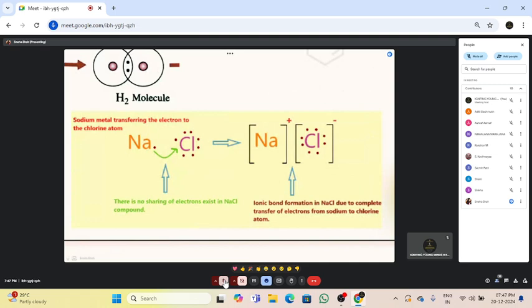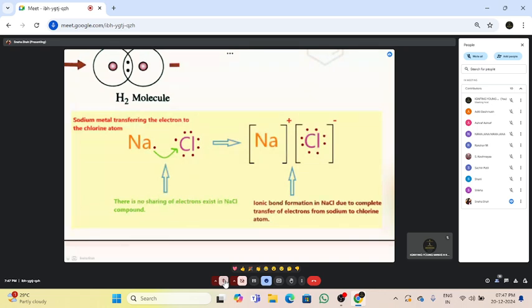So it is easier for sodium to lose one electron than to gain 7 electrons, because losing one electron requires much less energy. So sodium metal will give one electron to another atom. Which atom will accept that electron? That other atom must have 7 electrons in its outermost orbit, so that when it accepts one electron, it becomes 8 and stable.